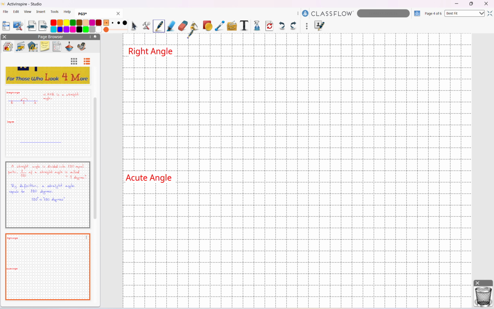Right angle: an angle whose measure is 90 degrees is called a right angle. Okay, let's quickly draw a right angle. Now think about these two rays, OA and OB.